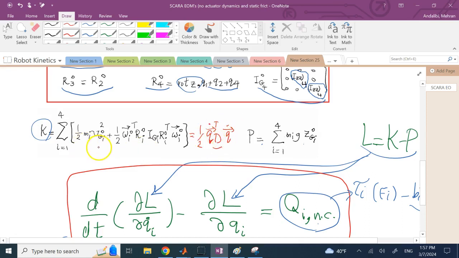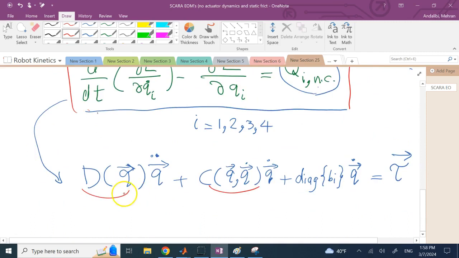For that, you need to find these components of Jacobian, Jv i and J omega i. You can watch my video on the 2DOF when I explained the Lagrangian derivation of equations of motion. I explained these. So for that, you need to do forward kinematics and find the individual Jacobians and the upper and the lower portion of them to find D. So you can do that as well. Here I'm going in a backward direction. So I'm not directly finding D. I find the equations, and then through the equations I'm going to find D.